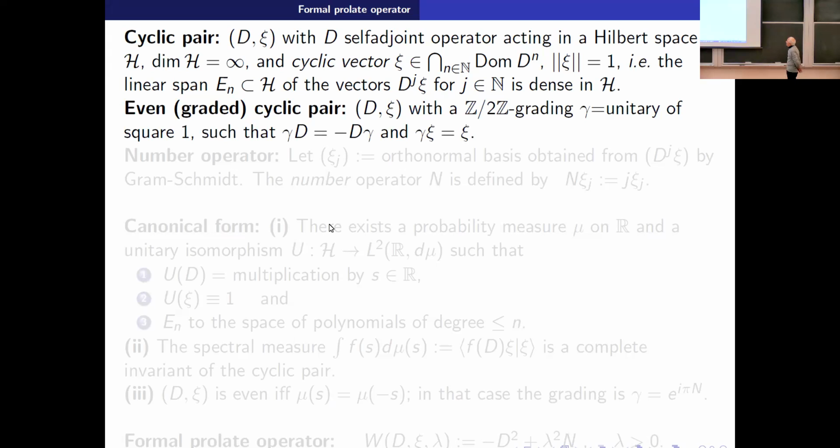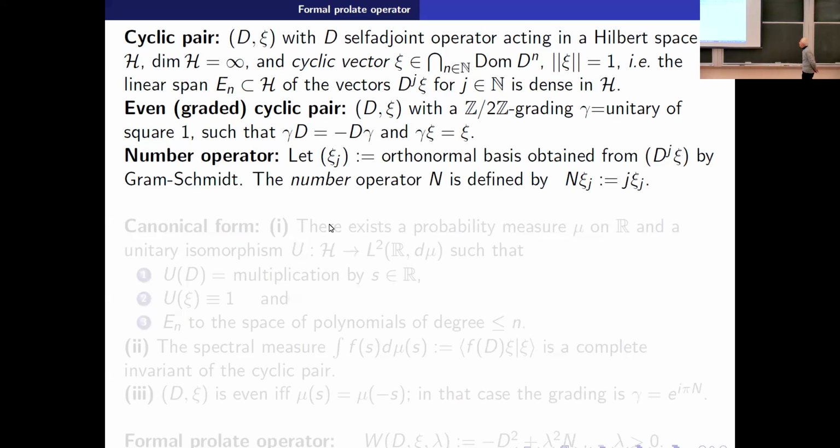Okay, now, the cyclic pairs also come with this grading device, and we call them even, like in K-theory, but it has nothing to do with K-theory yet. So such a cyclic pair is graded when you have a Z2 grading, which is as always a unitary of square 1, but which anti-commutes with the operator, but it keeps the cyclic vector psi fixed, I mean this generator.